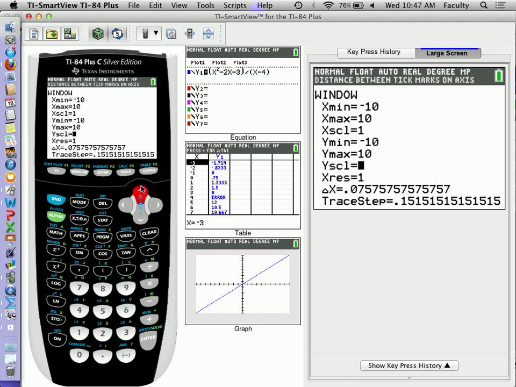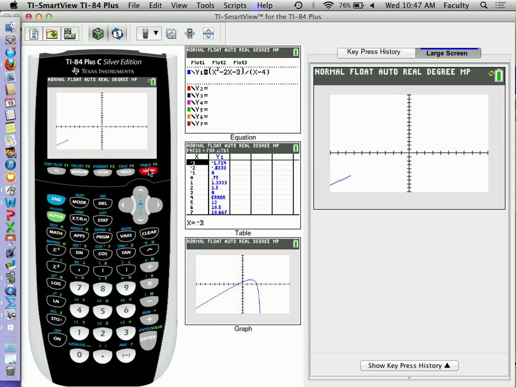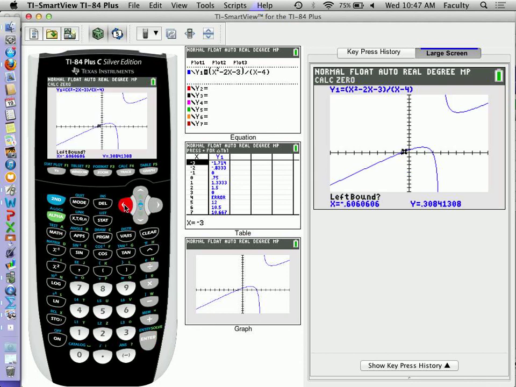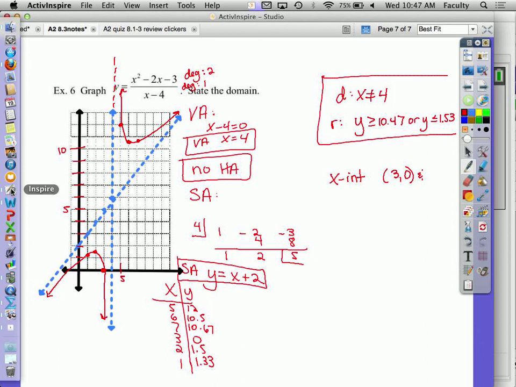It spreads. So I see it's crossing here. So let's do second trace, and that's a zero. And you just have to get left bound, right bound. So I'm getting -1, that's nice.